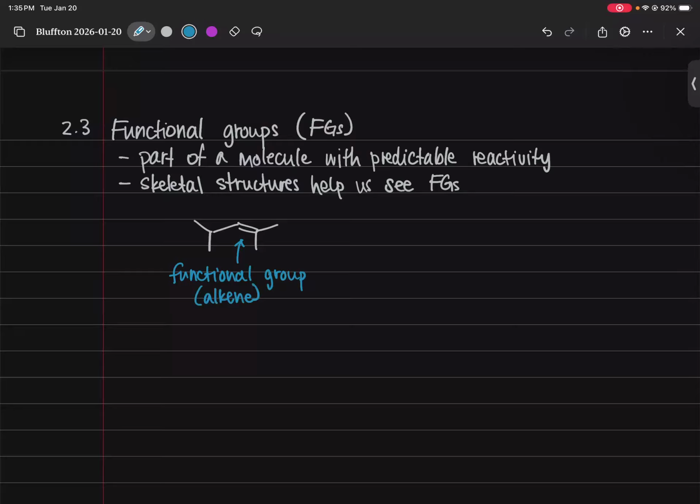So let's say that we want to do a reaction, and I'm going to use H2, hydrogen gas, and actually a precious metal, palladium, as a catalyst. We'll learn this reaction in late March. And the product of that reaction is this.